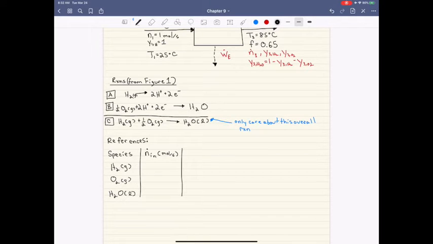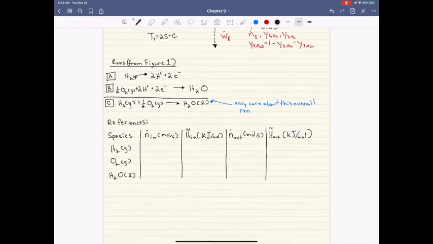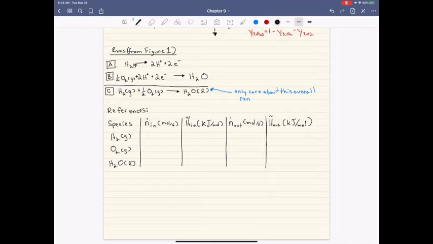We're going to need a column of the enthalpy of the stuff coming in, and that's going to be in terms of kilojoule per mole. And then we also need a column of the stuff coming out, and then a column for the enthalpy of stuff coming out, which will also be in kilojoule per mole. All right.